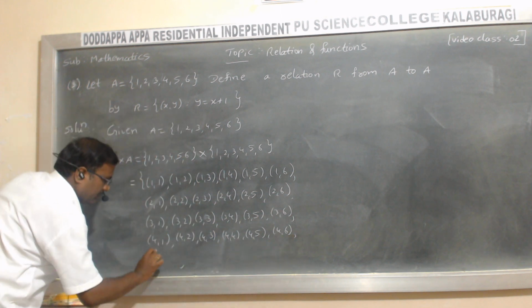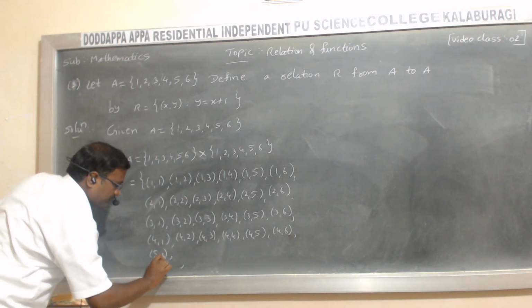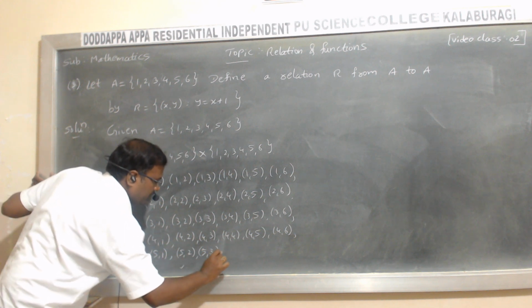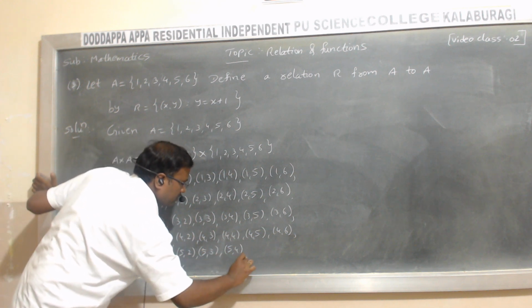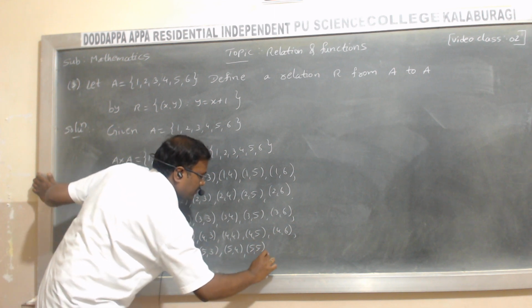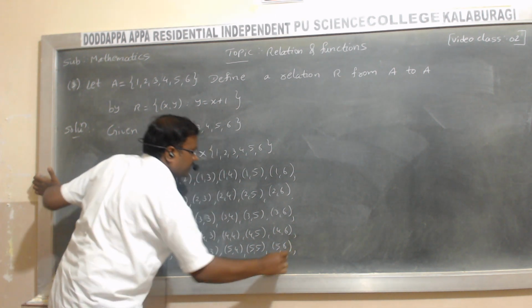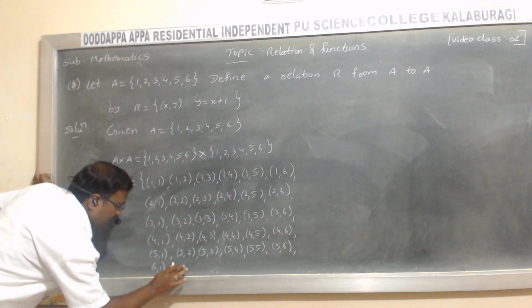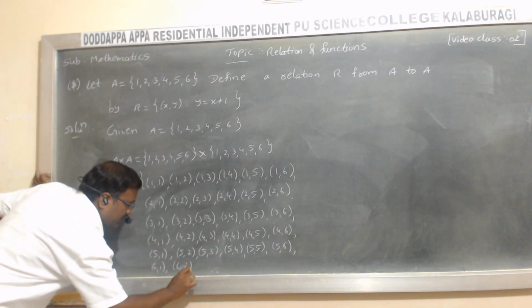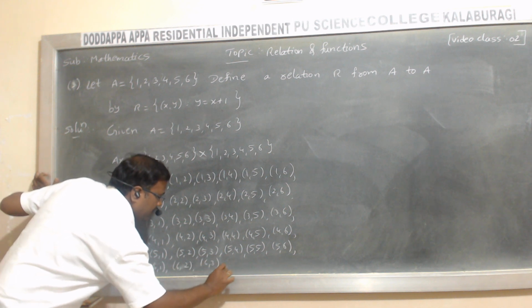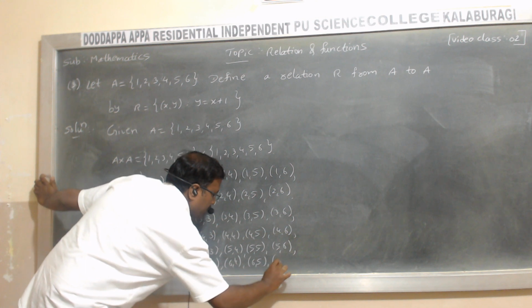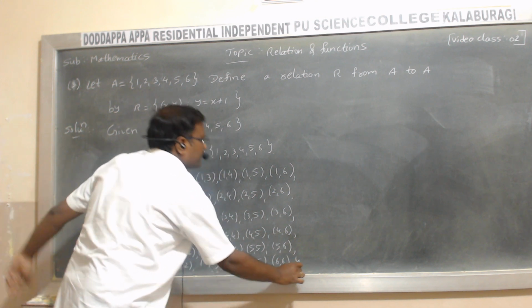Similarly, next (5,1), (5,2), (5,3), (5,4), (5,5), (5,6). Next (6,1), (6,2), (6,3), (6,4), (6,5), (6,6). Okay.